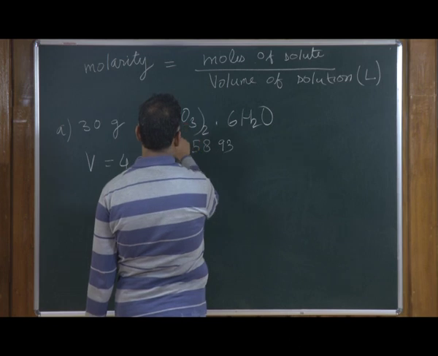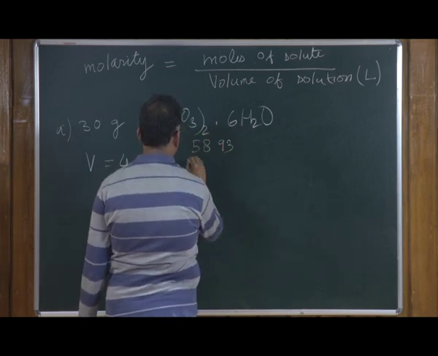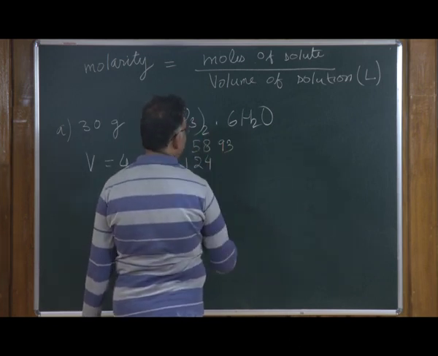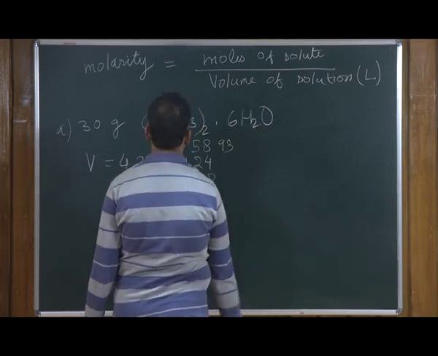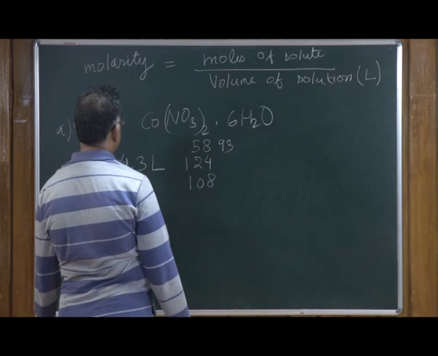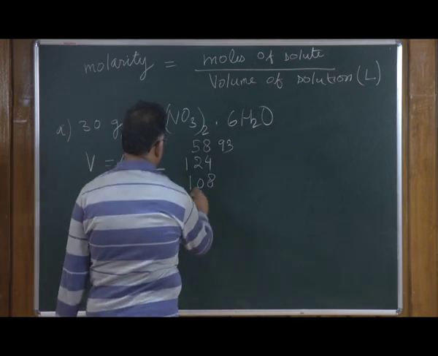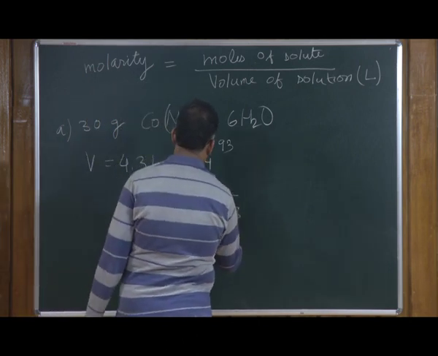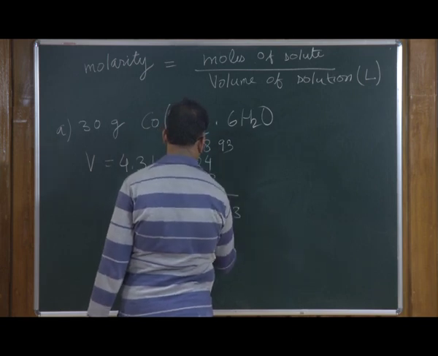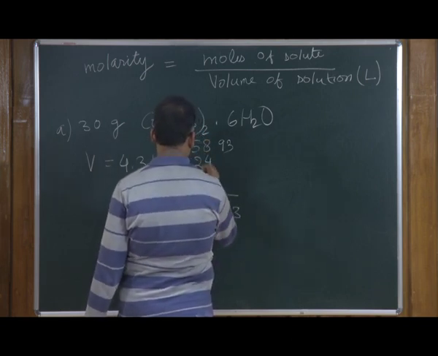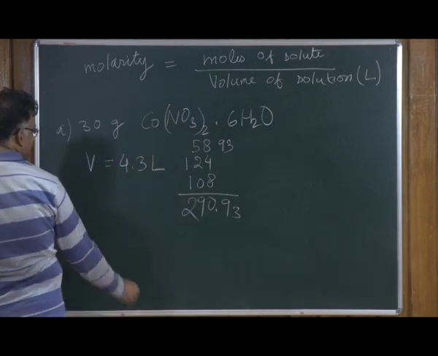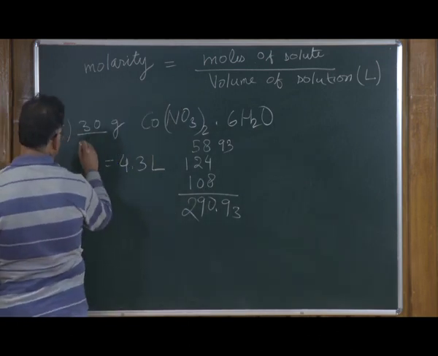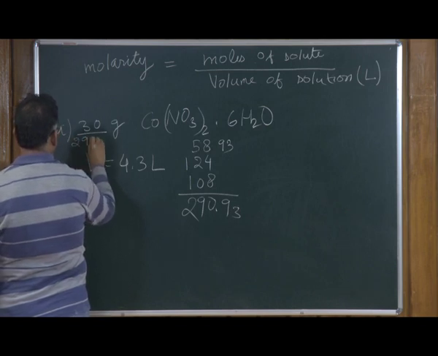So, 14 plus 48 is 62 multiplied by 2 is 124 and 18 multiplied by 6 is 108. Okay, and total if we add, it would be 290.93. So, moles of solute is simply going to be 30 divided by 290.93.